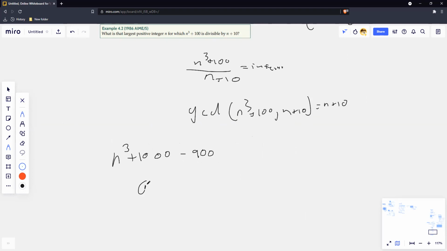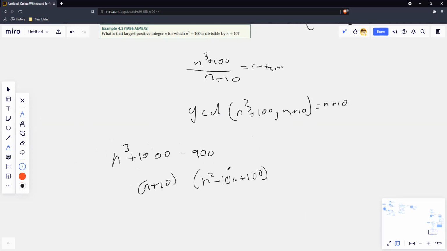And then we can also use the sum of cubes formula, which is n plus 10 times n squared minus 10n plus 100, which gives you n cubed plus 1000.